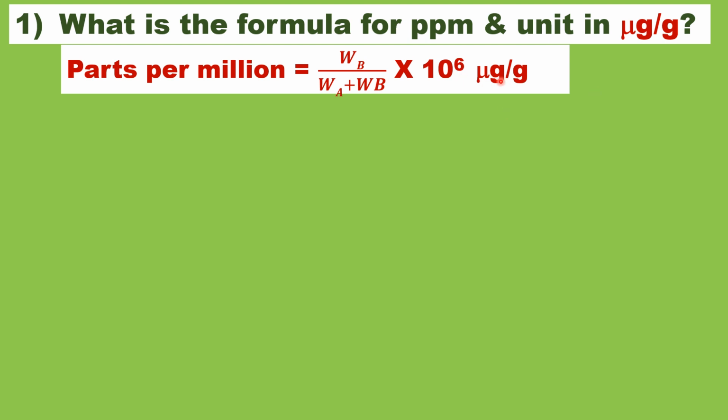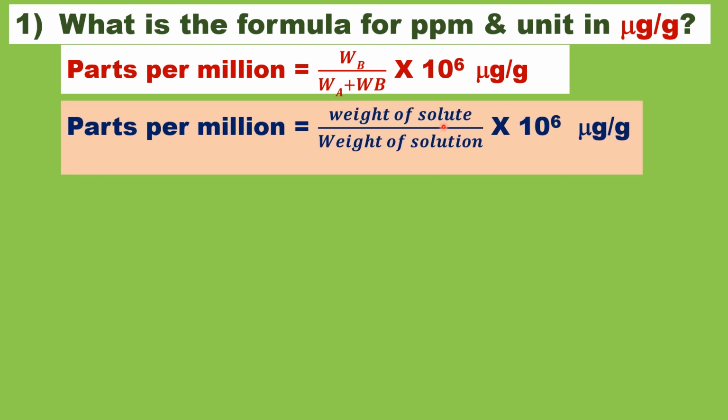Micro means one in a million, that is the meaning. For example, hardness of water is measured in terms of parts per million. So, weight of calcium ion divided by weight of the solution into 10 power 6 microgram per gram. So, weight of solute divided by weight of solution into 10 power 6 microgram per gram.